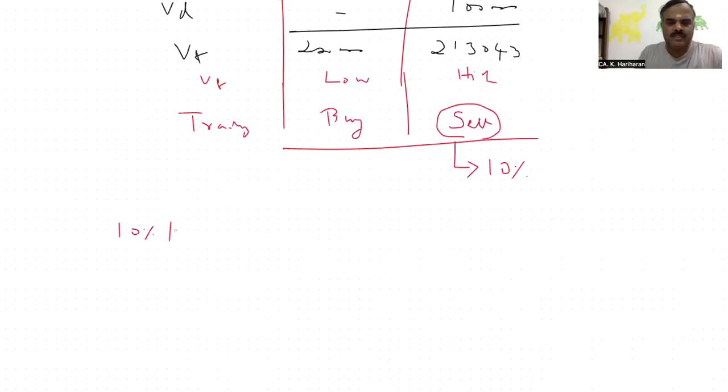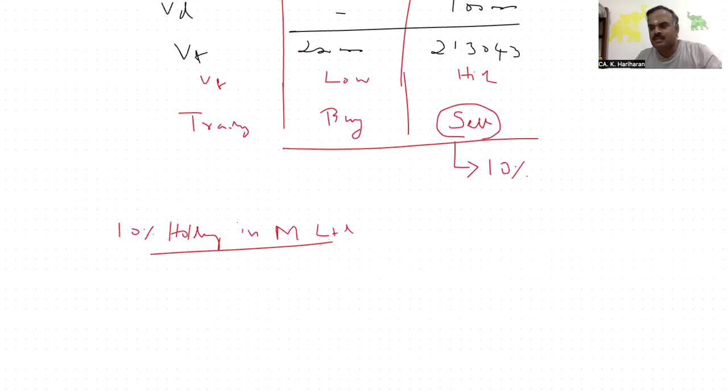The arbitrage process. Sell 10% of M Limited shares. How much cash can you get? 11,304, because that's the total value.